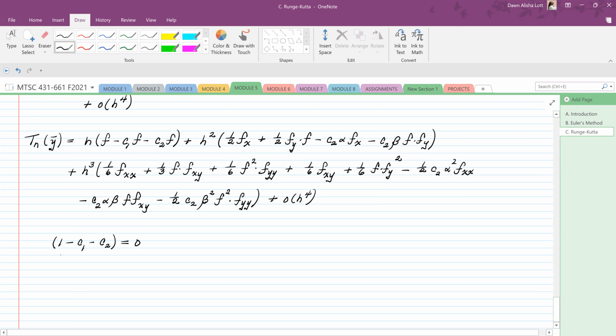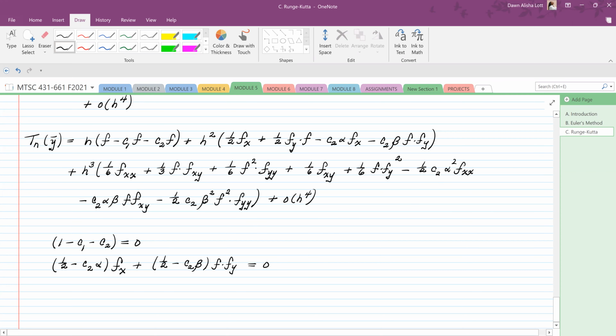Then I have 1/2 minus C2 alpha, that is multiplied by F sub x, plus 1/2 minus C2 beta times F sub y, and that is equal to 0.